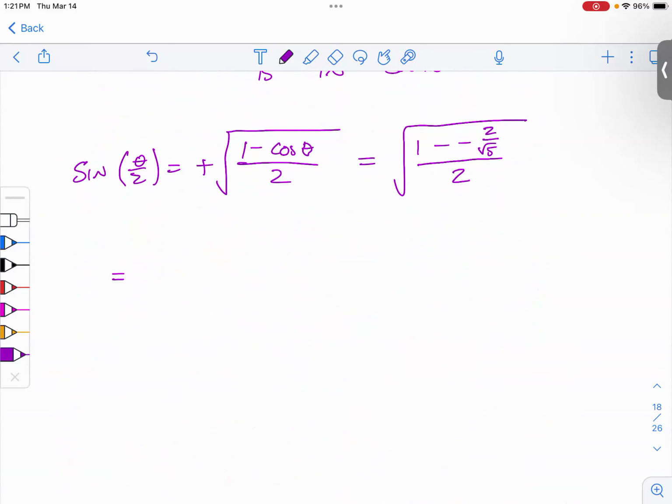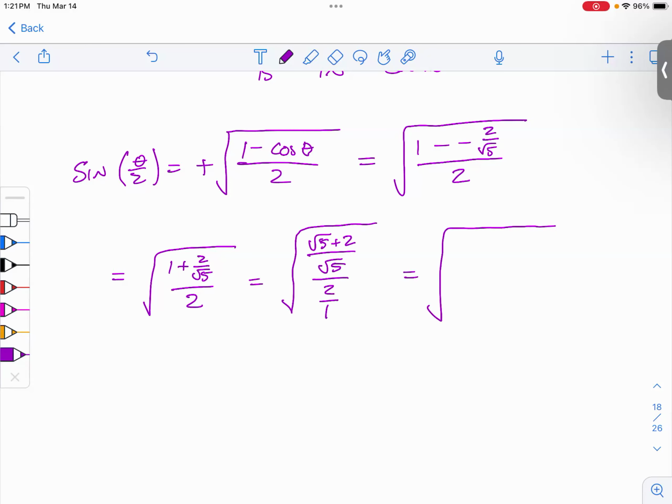Once I have that, it's just a matter of simplifying as best as you can what is underneath the radical. So the negative negative becomes 1 plus 2 over root 5, over 2. And then we flip it, so this becomes root 5 plus 2 all over root 5, over 2 over 1. Simplifying as far as I can, it becomes that.